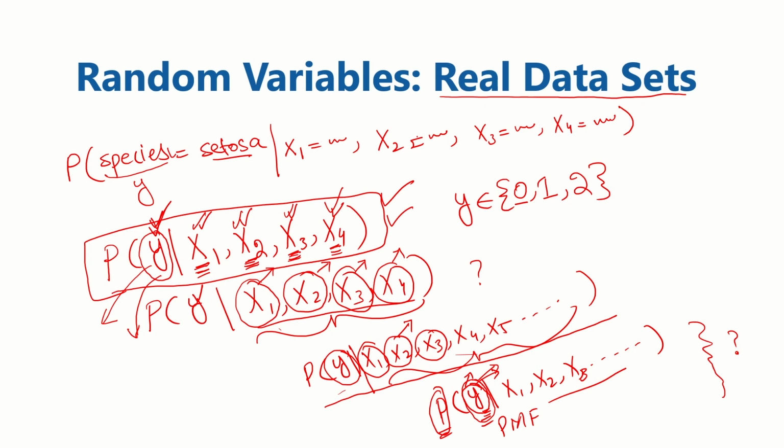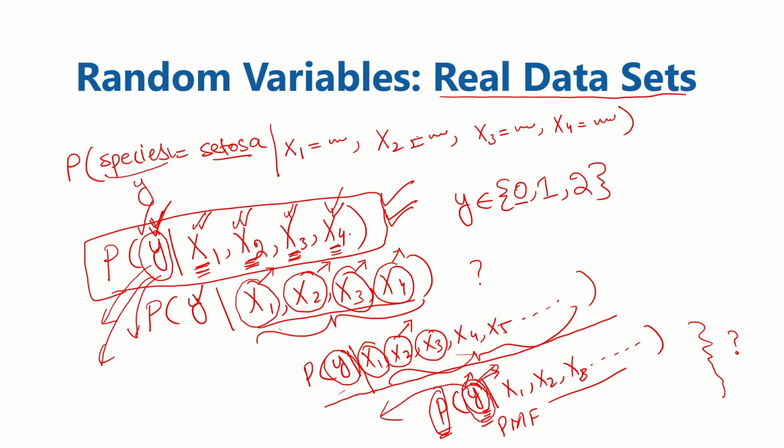Because at the end of the day, we are going to read real data. The real data will be full of several continuous random variables and several discrete random variables. It might be a classification problem in which the target random variable is discrete. It might be a regression problem in which the target random variable is continuous.